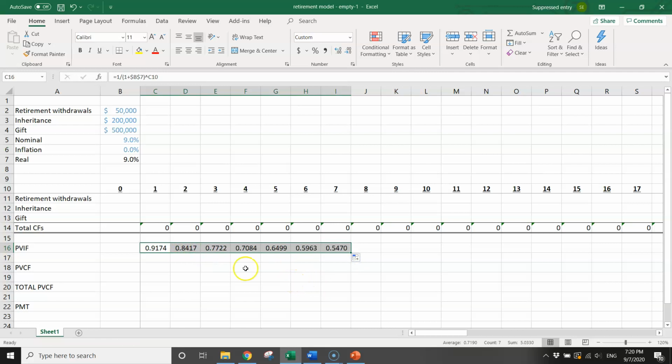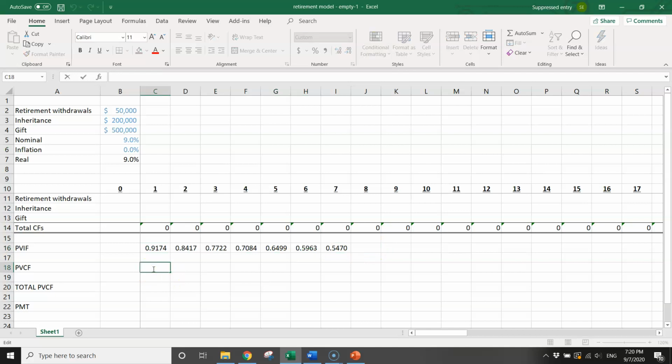Now let's do the calculation extended to the end of the life cycle. We can do the extended calculation for the single row. Now let's say if we calculate the present value for the year 1, it will be the cash flow multiplied by this present value factor. And we want both the cash flow and present value factor to change as the row is extended.